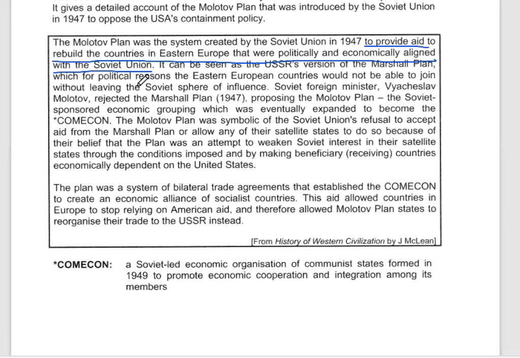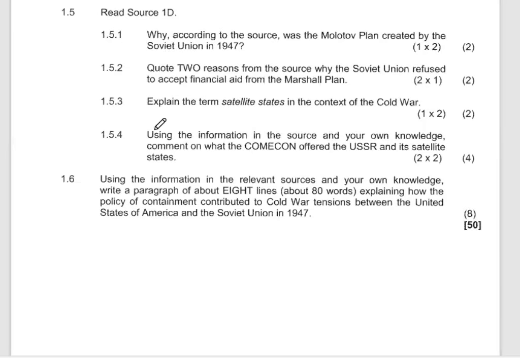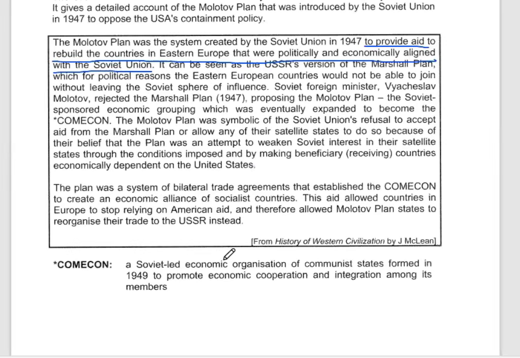Moving on to the next question, number 1.5.2. Quote two reasons from the source why the Soviet Union refused to accept financial aid from the Marshall Plan. We want to quote two reasons why Russia refused to accept the aid.